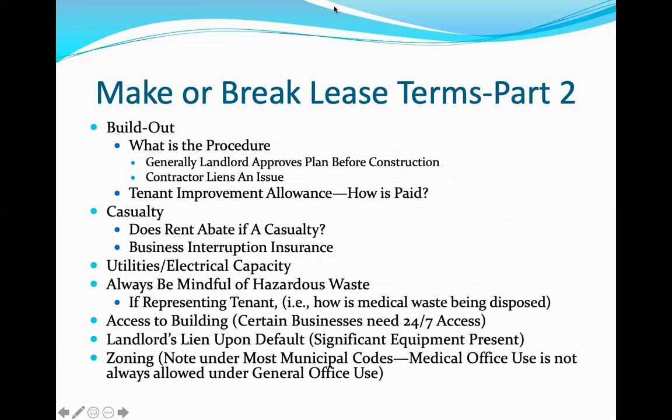The other issue would be whether contractor liens are going to be an issue. In Florida, where I sit, and in New York and Texas, where I also practice, there's a requirement under the lease that the tenant is going to make any improvements without any liens on the property.